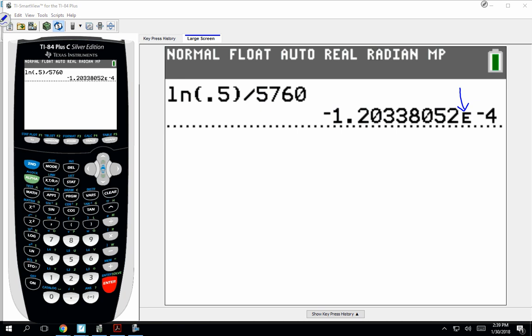What this means is times 10 to the negative 4th, which basically means go that way 4 times with your decimal, correct? So here we go. There's the decimal. This negative would be out front. Is that the decimal you got? Negative 0.00012. So keep in mind that that's how that would work for you. So it's negative 0.00012.